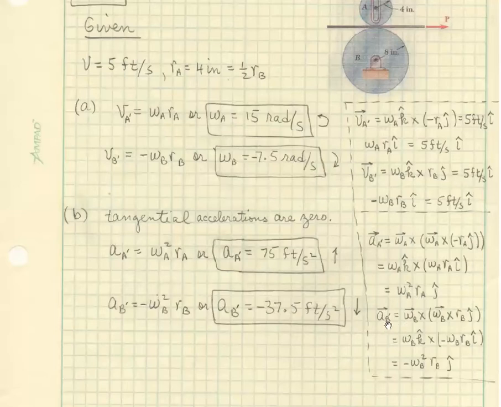Now we do the same thing for B. Alpha sub B is 0, so there is no alpha crossed into R term, but there is this omega crossed into omega crossed into R. When you perform these cross products, you end up with minus omega B squared R sub B, and that's why I have a relationship here of minus omega B squared R sub B, so that when I calculate A sub B prime, I'm going to get a negative 37.5 feet per second squared.